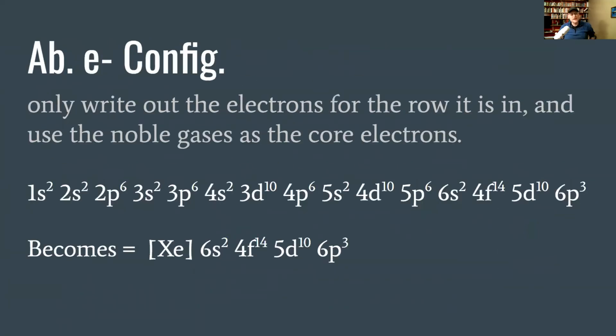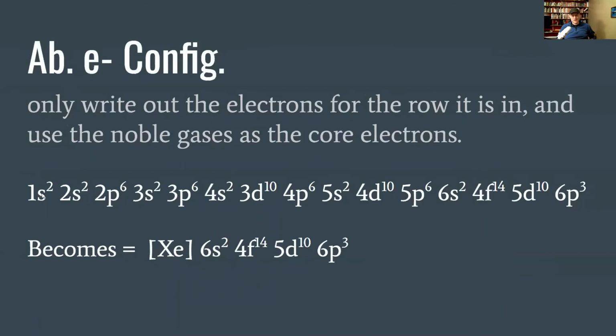So what's an abbreviated electron configuration? Instead of having to write the entire thing out like we just did a moment ago, we're going to do abbreviated electron configurations more frequently. What do we do? Well, you write out only the electrons for the row that it's in, and you use the noble gases as the core electrons. So you'll notice that this entire section right here is the full electron configuration for bismuth.